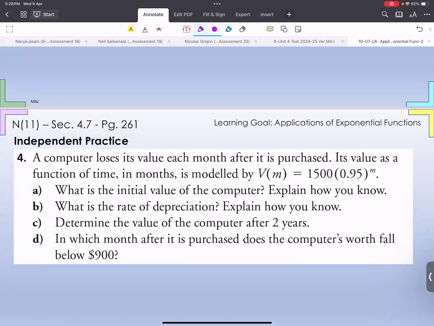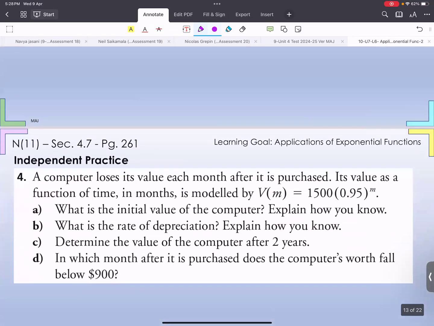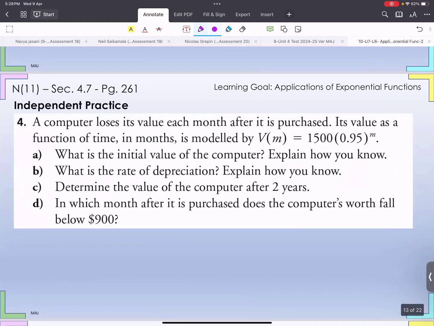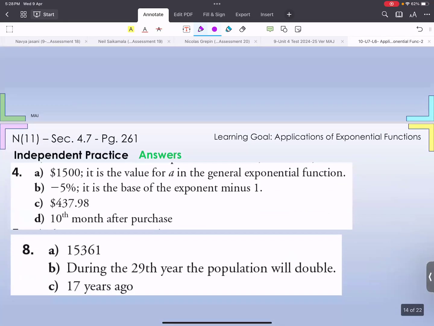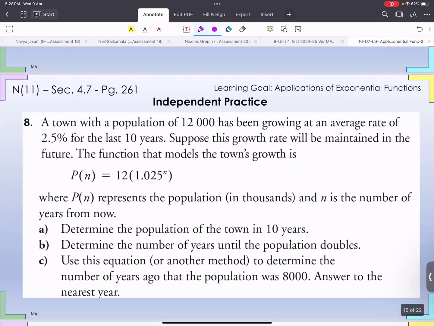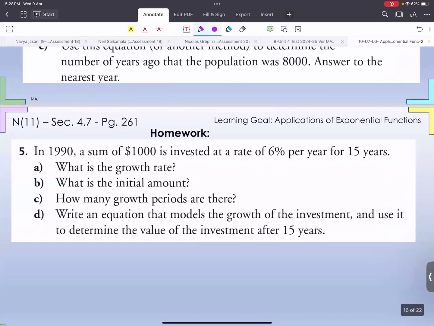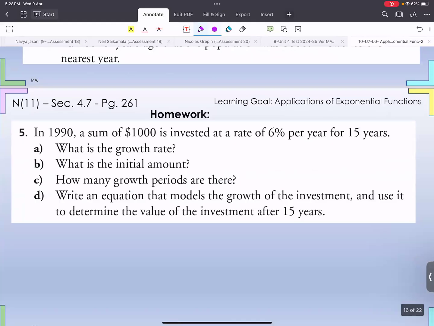Okay, let me do this again. 1, 2, 3, 4. All right, so that is all I have for you for today.